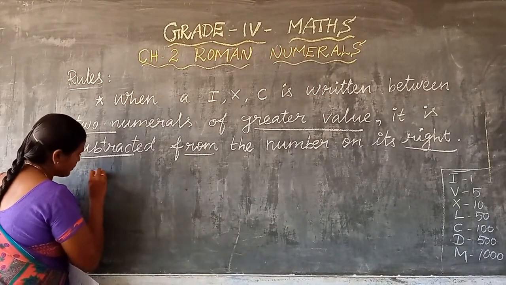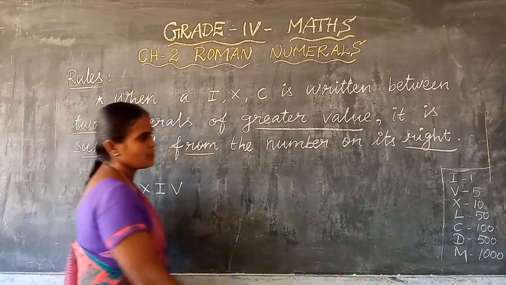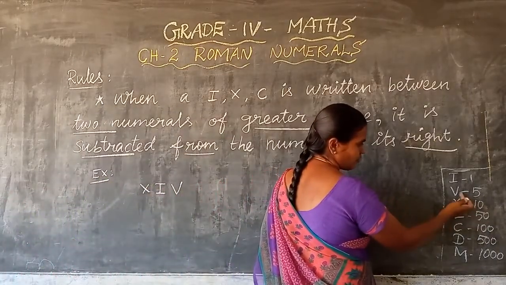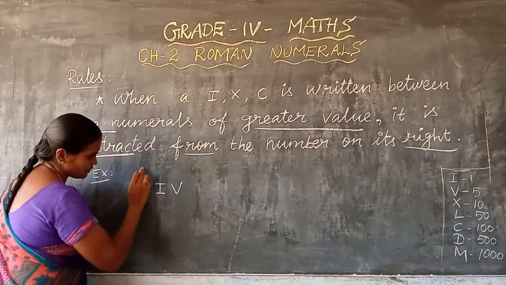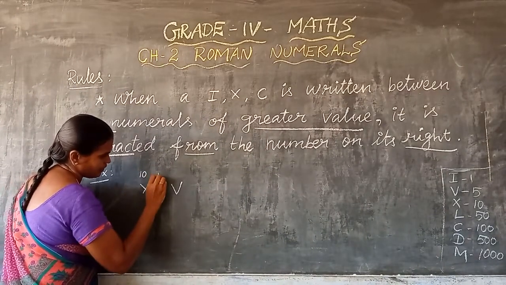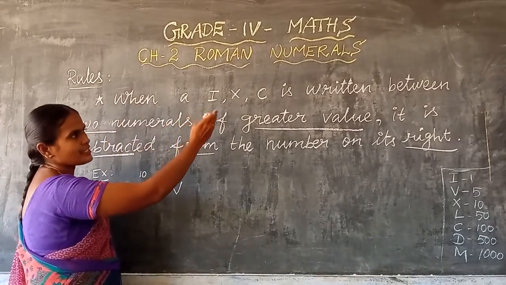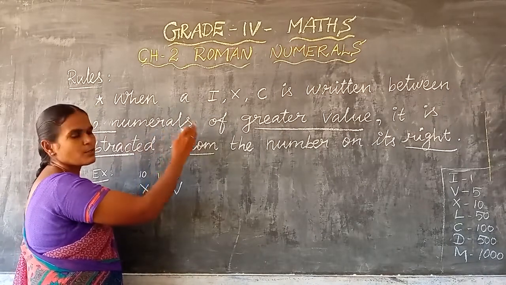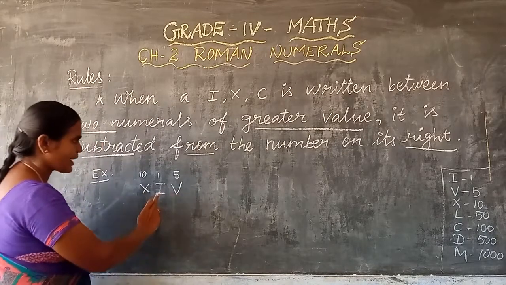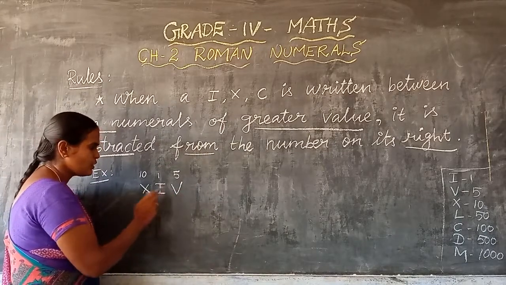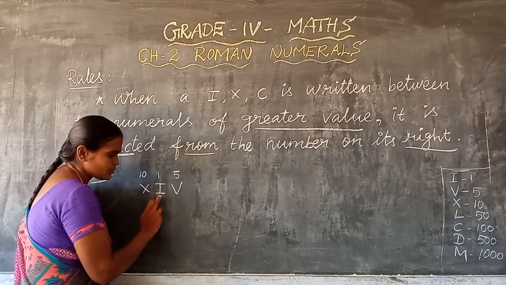Look at one example. XIV. Value of X 10, value of V 5, value of I 1. So you write on the top 10, 1, 5. When your IXC is written between two numerals of greater value, it is subtracted from the number on its right. So here two greater numbers, one is X, another one is V. So I is smaller number.